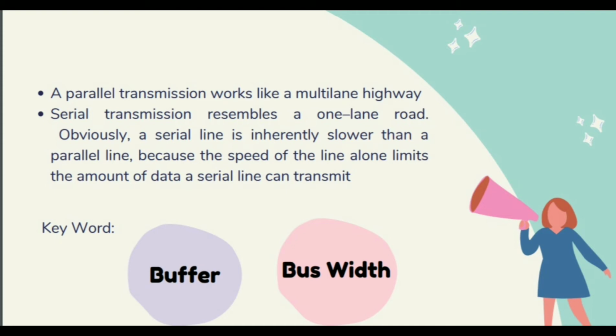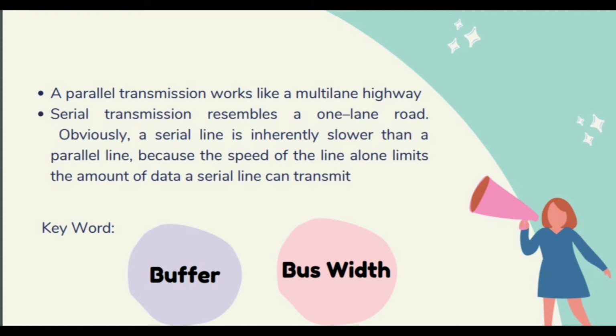Let us see the difference between parallel and serial forms of data. Parallel transmission works like a multi-lane highway. Each lane carries part of a stream of traffic information between sender and receiver at the same time. The larger the number of lanes, the more traffic or information the highway can carry at any given moment.